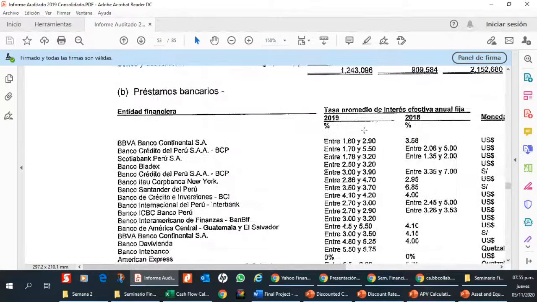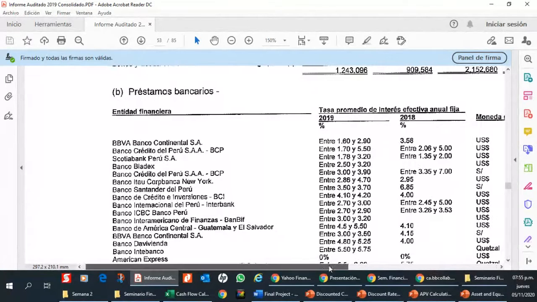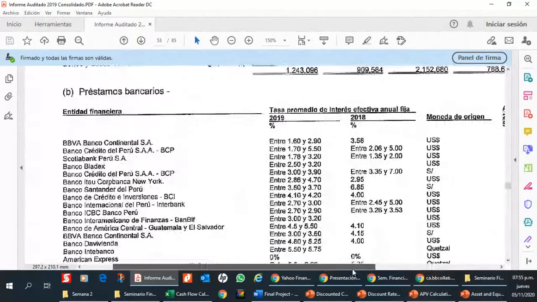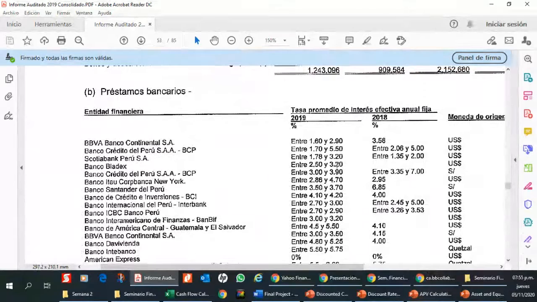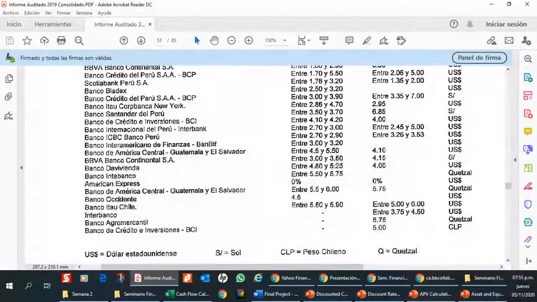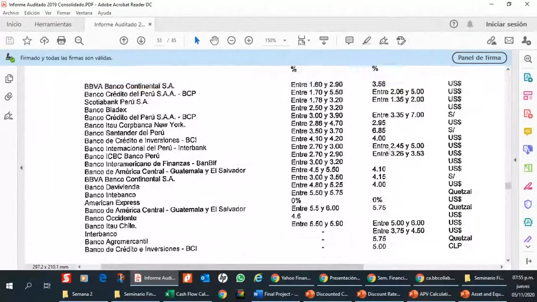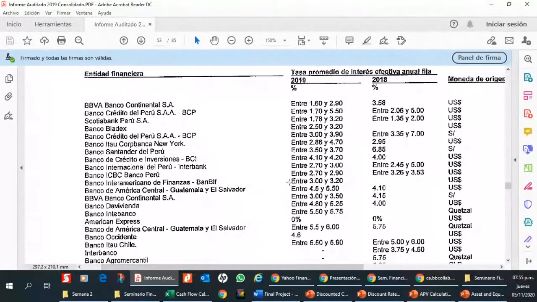We should be focusing more on the long-term loans that we are seeing here, right? And trying to come up with, okay, what is the maturity that we should be expecting in these loans, right? And in that sense, figure out what's going to be the interest rate that we should consider for the company, right?